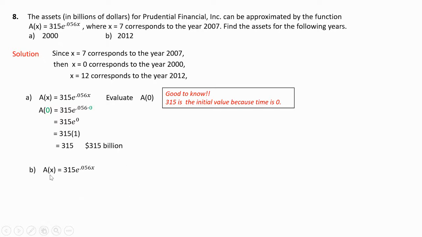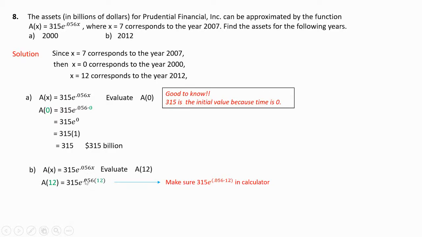Now for part B, A of x, we're going to evaluate A at 12. So we're going to plug in 12 for the x in the exponent. Make sure that you put it in the calculator just the way it is, with parentheses, because the calculator follows PEMDAS, the order of operations. Some calculators don't give you the little raised exponent on top.